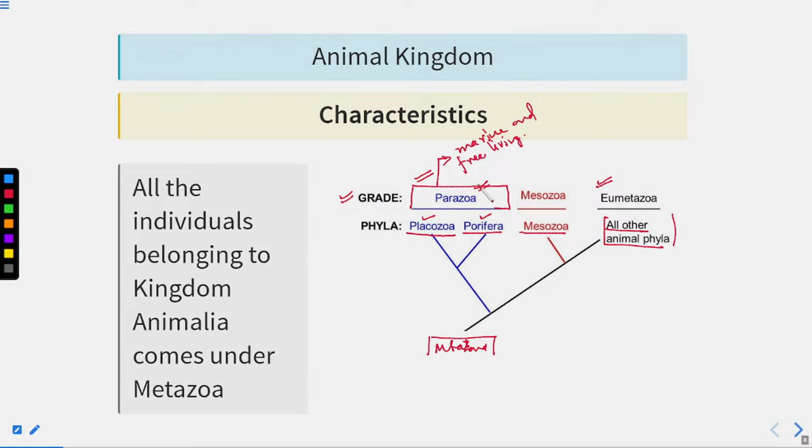So no organ grade of system is present here. In Porifera also, only some organization of cells is there. Even tissue has not been formed in Porifera. Same with the Placozoa, right? So Parazoa is a very lower grade of organism.